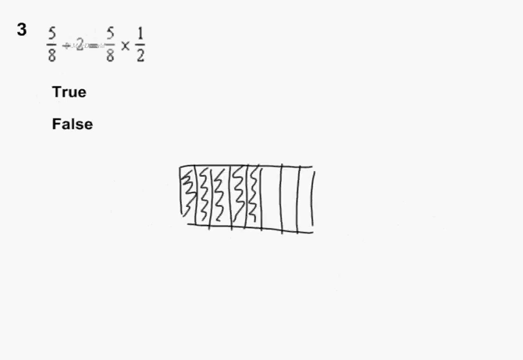Question 3 says 5/8 divided by 2 is the same thing as 5/8 multiplied by a half. Let's check. So if I draw 5/8 and I divide it by 2, this is mine, this is my wife's. Here I would have no longer divided into 8 parts, but rather 16, and I would have 5 parts of those 16. My wife would have the other 5 parts out of 16.